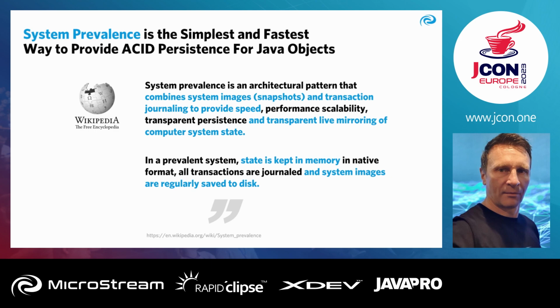That's it. Then when you shut down your application and start your machine again, just load the snapshot, restore your system state, and everything will be in memory. And this is great. So simple architecture, core Java only. Great.